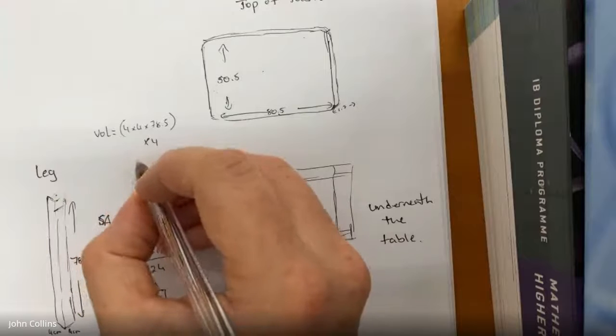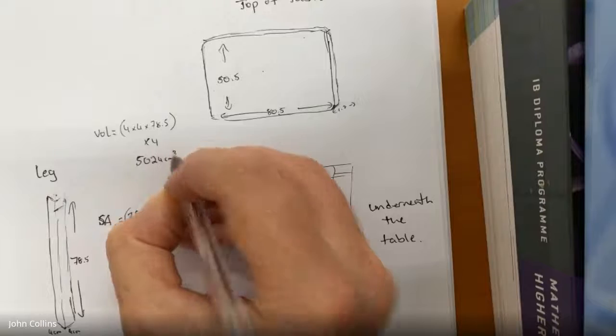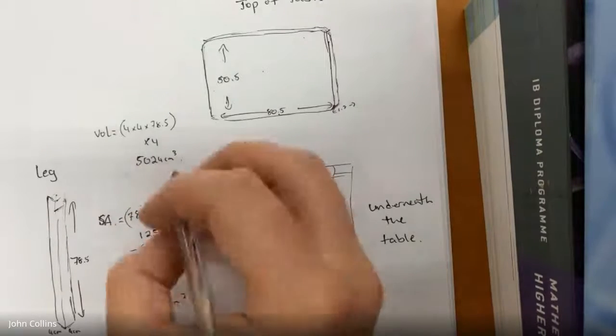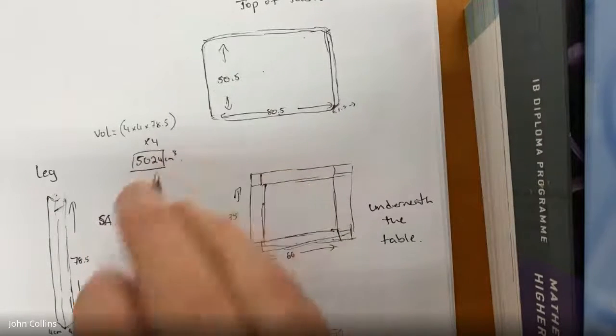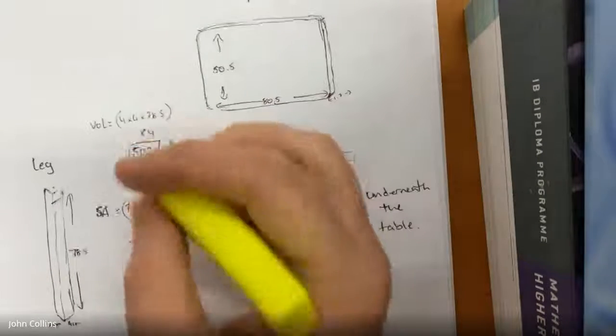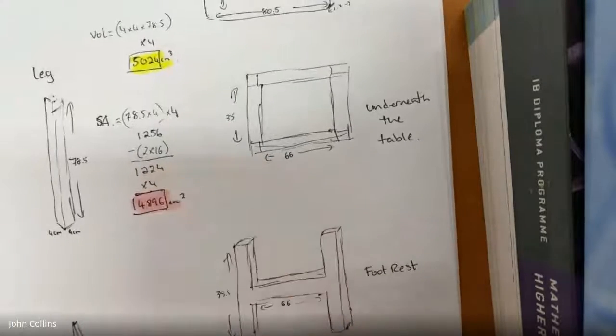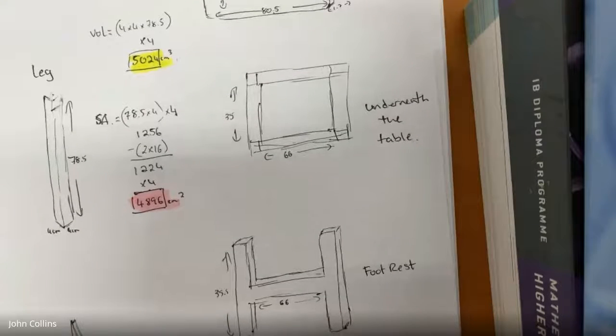So its answer would be 5024, and that's centimeters cubed, and that's centimeters squared. So we have 2 answers to start our volumes and surface areas. The volume, I'll just highlight here in yellow, and the surface area. Okay, so there's our volume and surface area of the leg, for example.